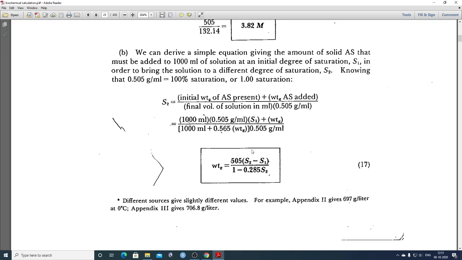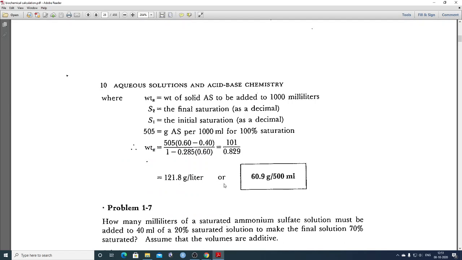If you do this, you derive this equation, and from it you can directly add 60.9 grams to 500 ml of the 40% saturated ammonium sulfate and you will get a 60% saturated ammonium sulfate solution. Okay, so this is important.